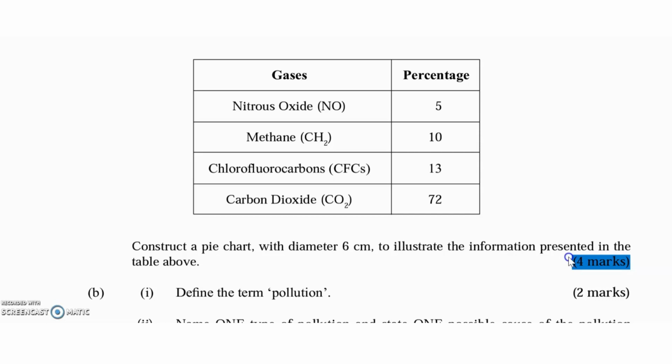B, part 1. Define the term pollution. Now, for 2 marks, pollution is a term, and I want you to remember this. Listen to this very carefully. If you have to write it down, write it down. When they say to define, you have to indicate what it is.